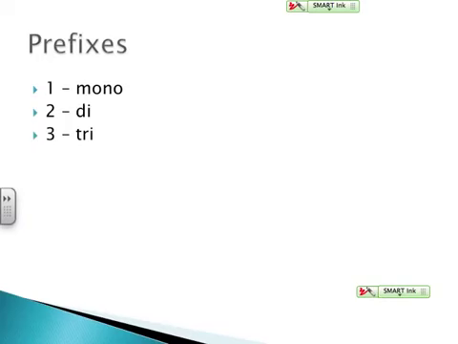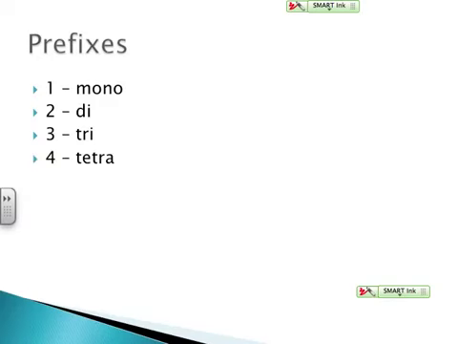Now 4 is commonly confused, so if you want to put a little star by this one, that's not a bad idea. 4 would be, you would think quad, but it's actually, think of video games. If you're into video games, think of video games that involve 4, and that'll help you.